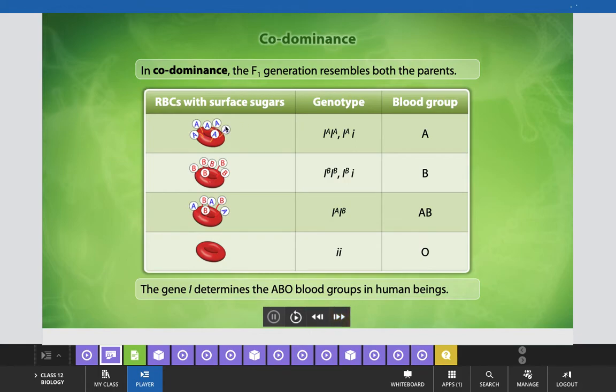Now in the case where the RBCs have surface sugar of A type, the genotype may be IA IA or IA i, which phenotypically represents blood group A. And in the second case, where the RBCs have surface sugar of B type, the genotype may be IB IB or IB i, which shows blood group B in human beings.